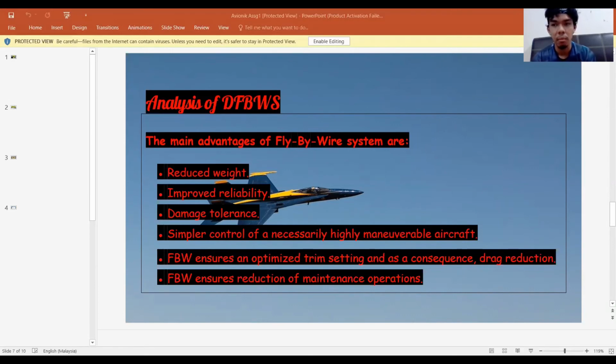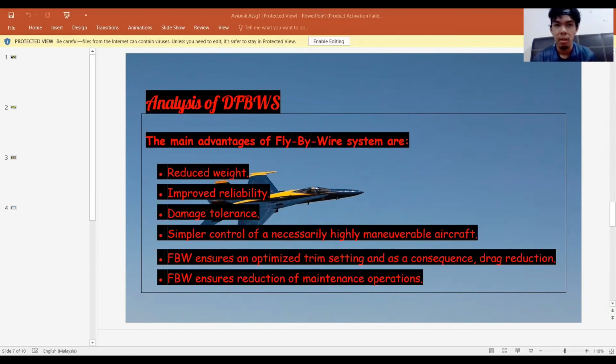So many pilots don't like to give up control to a fly-by-wire system, especially in emergency situations where the pilot may have to do something unusual to retain control of the aircraft.